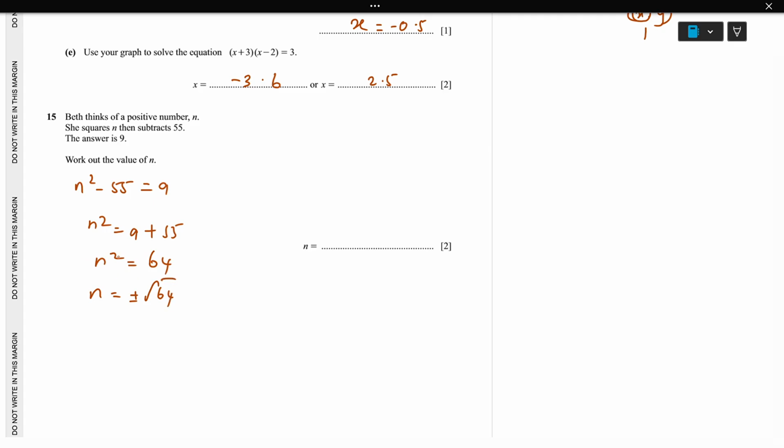Whenever we take the square root of both sides, we must put plus or minus. n equal to plus or minus 8. There are two values, n equal to 8 and n equal to -8, but a condition is given. If the condition is not given, then this question has two answers. But the condition is that Beth thinks of a positive number, so we have to choose only the positive. n equal to 8 is the answer here.